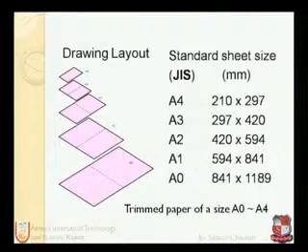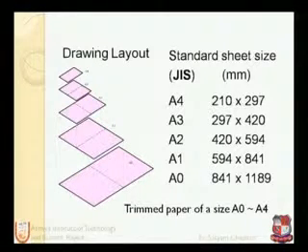You can see A3 is just double the size of A4. Again, A2 is double the size of A3, and so on. A0 is double the size of A1. A0 is the largest drawing sheet normally used in industry.